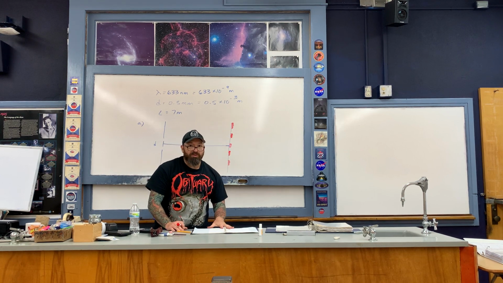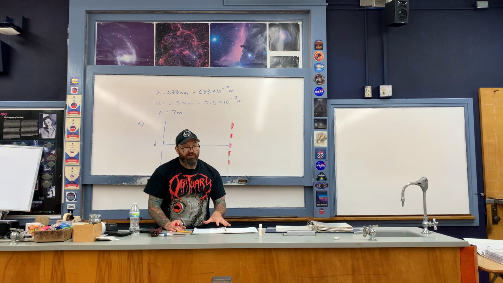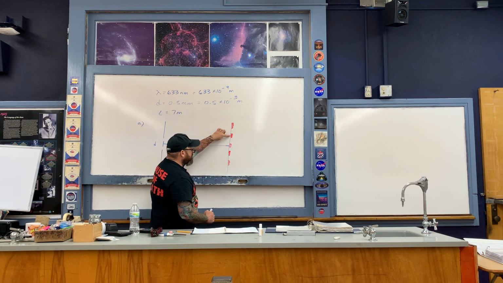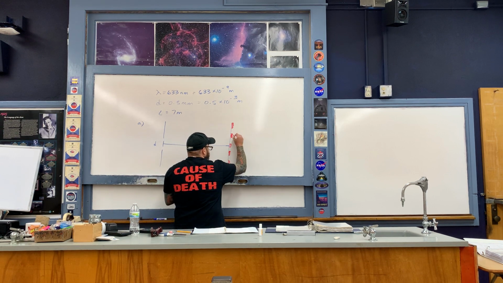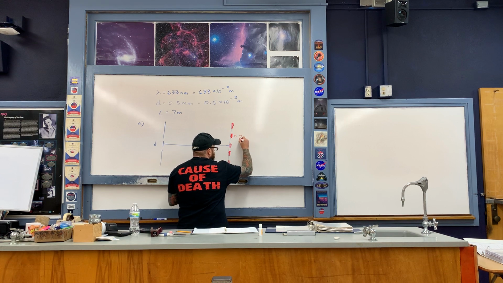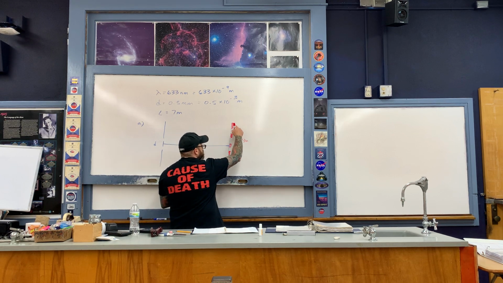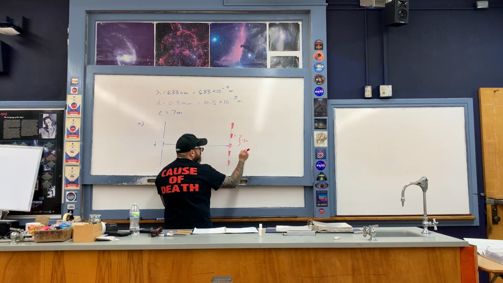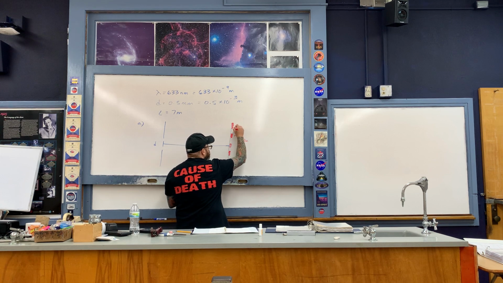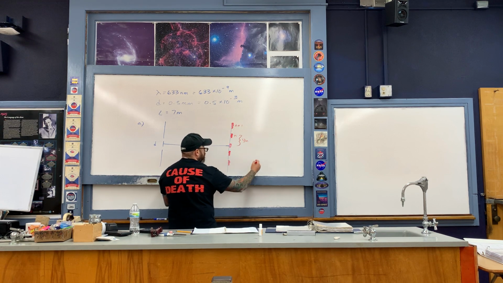So in order to come up with that distance, let me describe it in the following manner. Let's say that this right here is the nth fringe, and its distance away from the central maximum, I'm going to refer to as y sub n. This right here is the next order fringe, so if this one was n, let's refer to this one here as n plus 1.